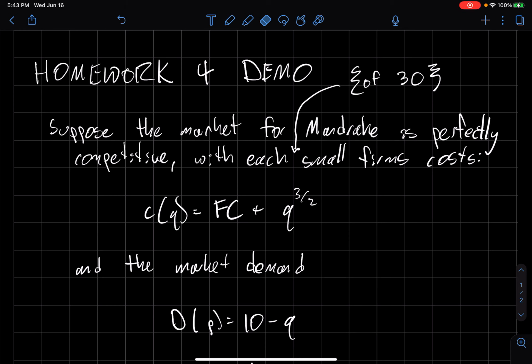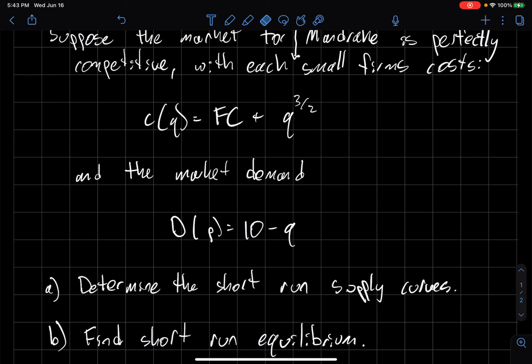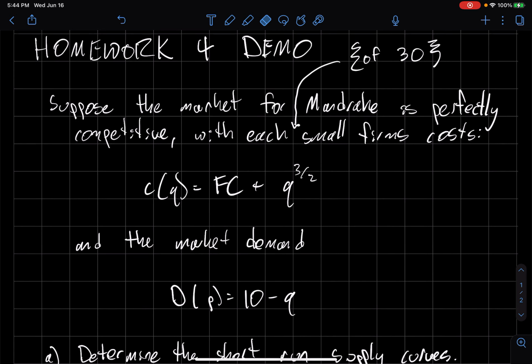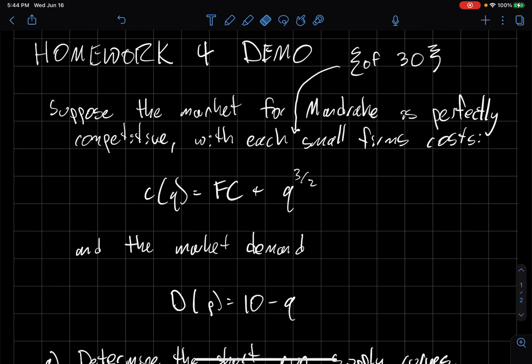Okay, so let's just walk through this. We're going to ask similar questions of a similar type setup here to what you've seen in the homework. So we have 30 firms, each with an identical cost structure. Generally, as a way of thinking about this, we have costs on the vertical.